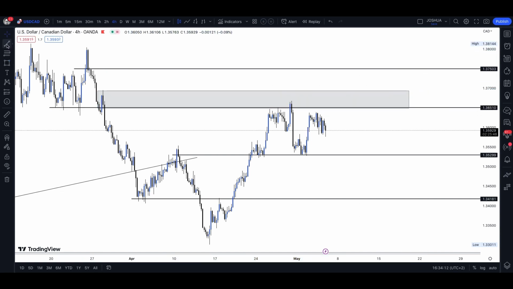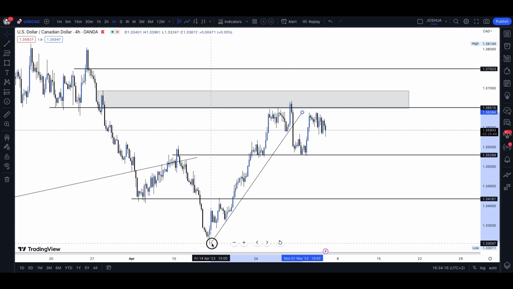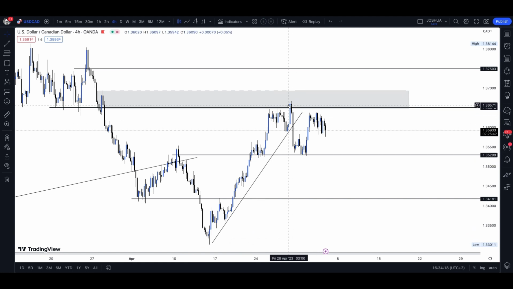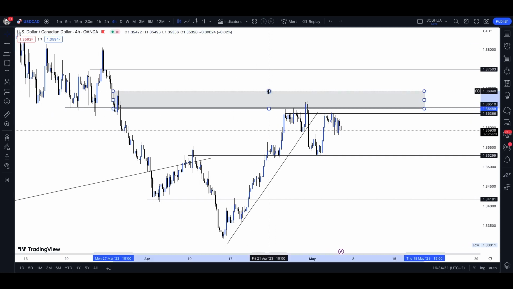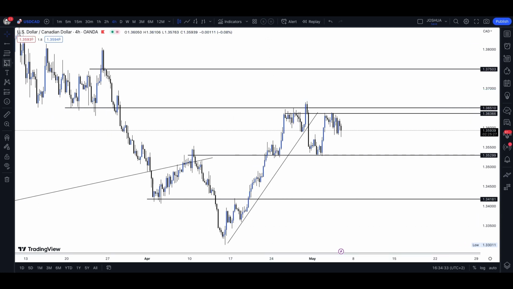Then we also have this trend line that the market broke with a strong move to the downside, came back, found buyers seated at that particular point, and went back up. After that, what are we able to see? We're able to see this point. Let us take that for a while and get this region.